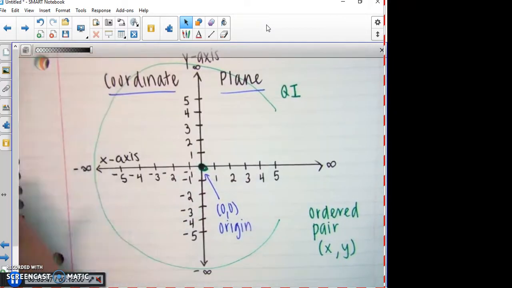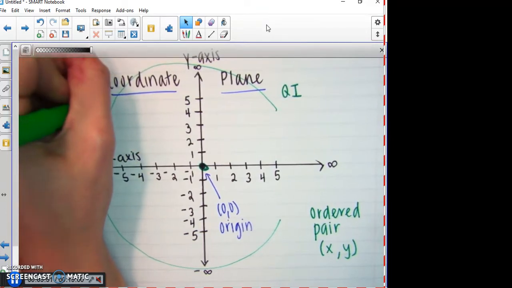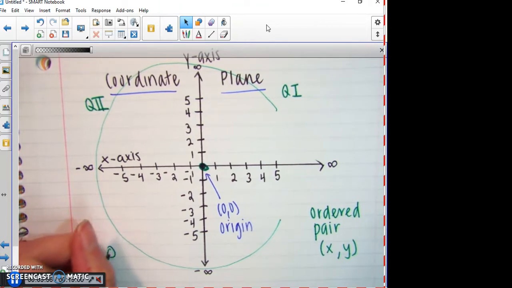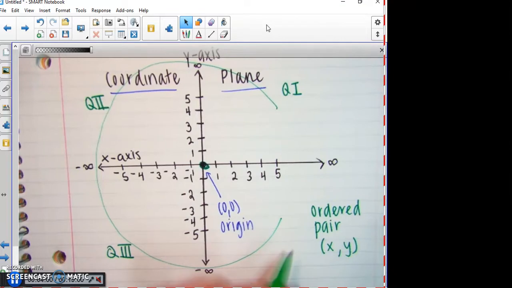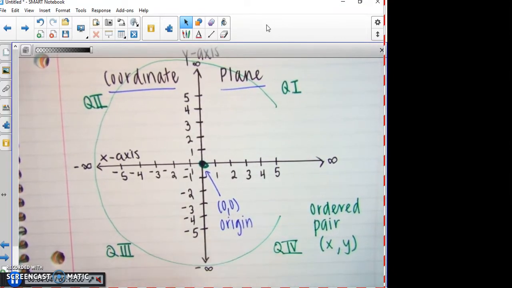We use a Roman numeral. Then we move to this quadrant, so this is quadrant 2. We continue into this quadrant, so this is quadrant 3. And then finally we end here at quadrant 4. And that's how we write 4 as a Roman numeral. So there are quadrants.